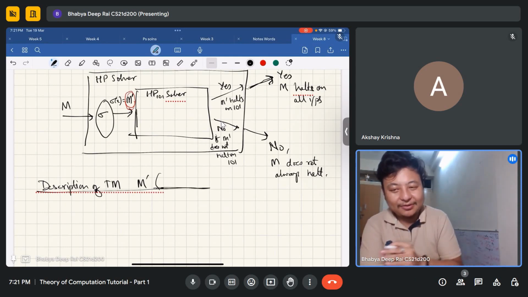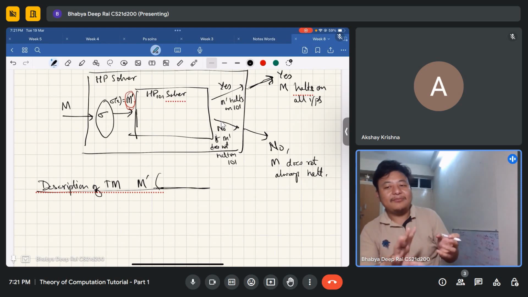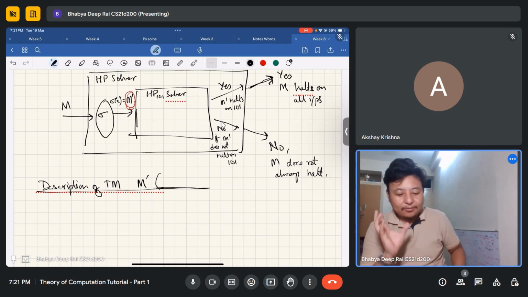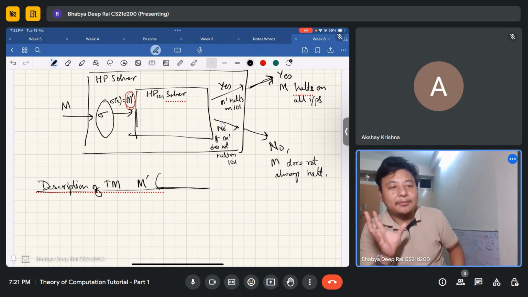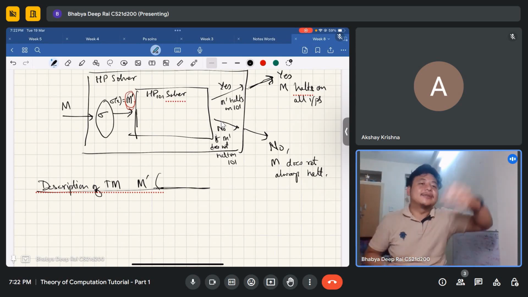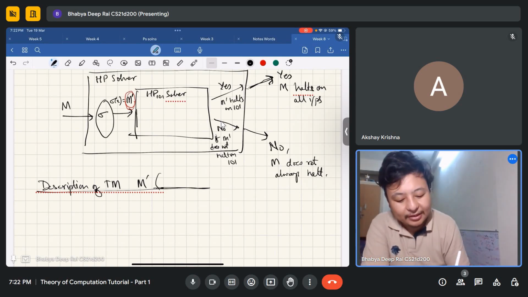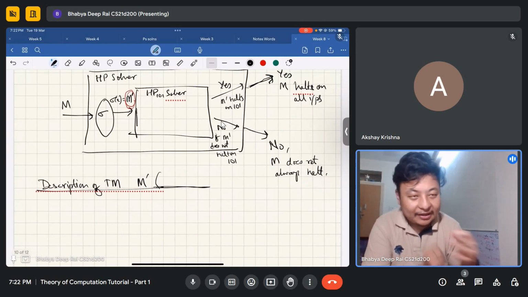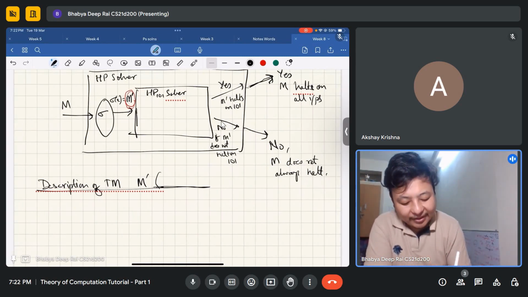M prime is a machine that has its own input. Take note that I'm not actually running this machine M prime; I'm just writing the description as a string. So what does M prime behave like?